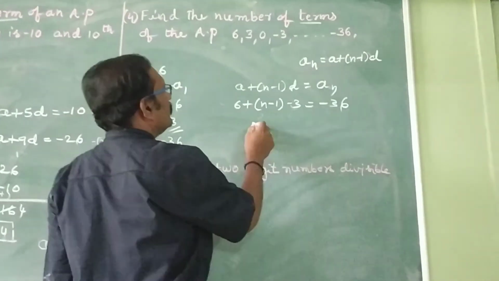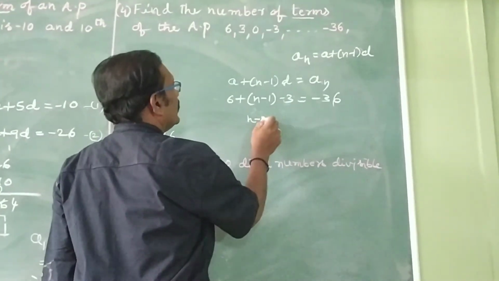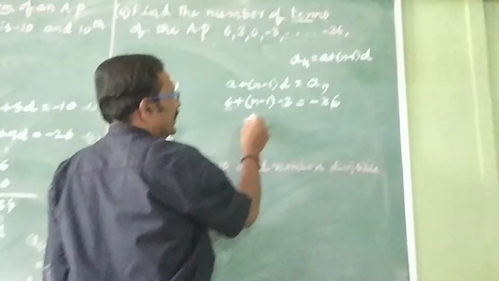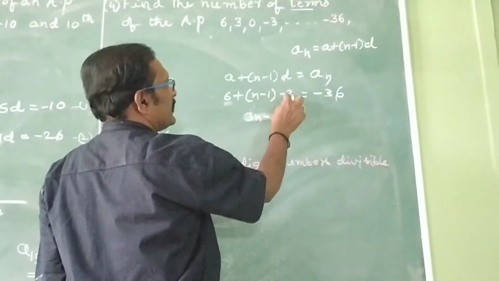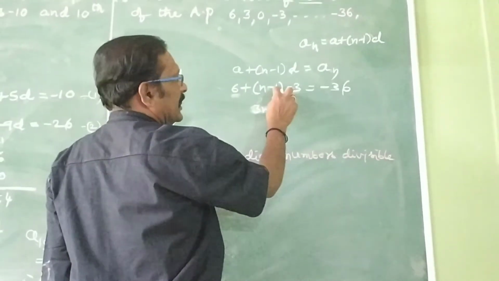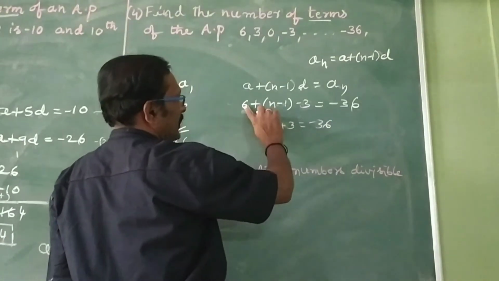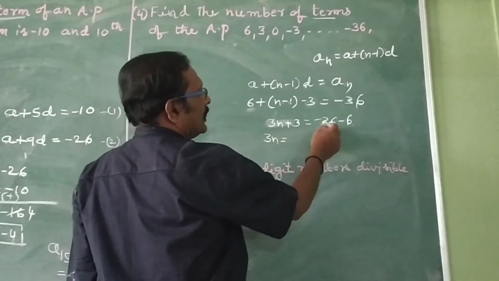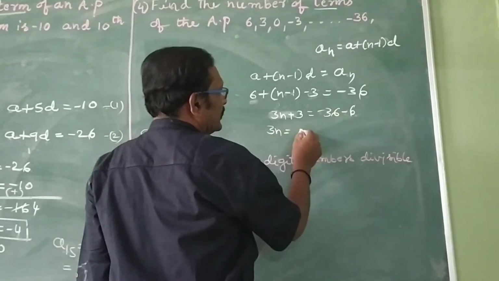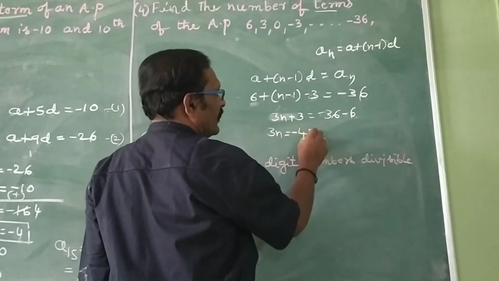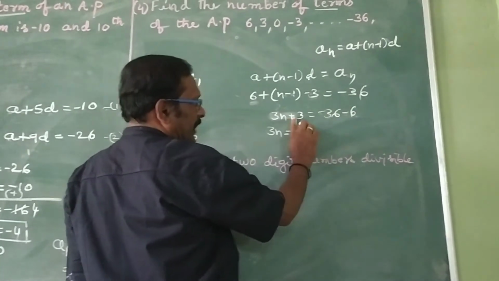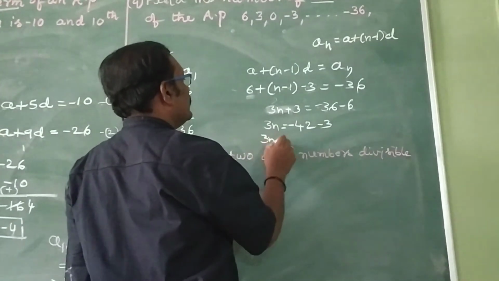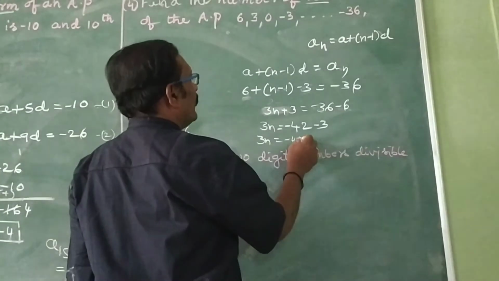Now n minus 1, I will take this term. Minus 3 into n is minus 3n, and minus into minus is plus, 3 ones are 3. Minus 36, I have taken plus 6, that side, minus 6. Now 3n is equal to minus 42, then I take this plus 3 to that side as minus 3. 3n is equal to minus 45.